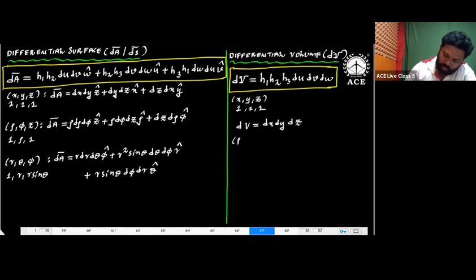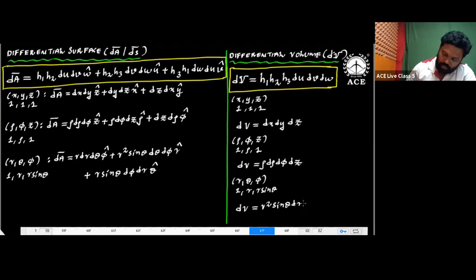For the cylindrical, rho comma phi comma z, 1 comma rho comma 1, it is rho d rho d phi dz. Last one is r theta phi, 1 comma r sin theta. Here it is r square sin theta dr d theta d phi.